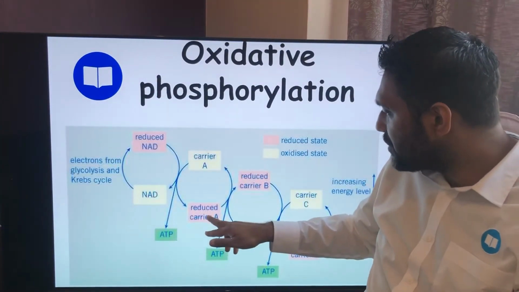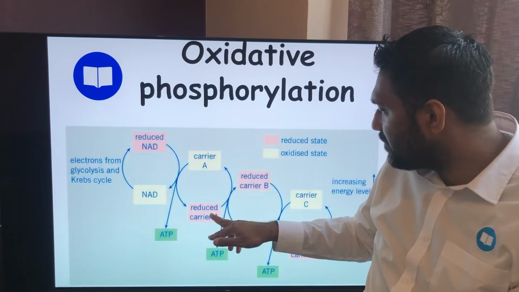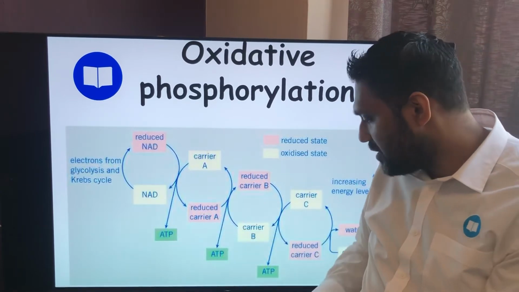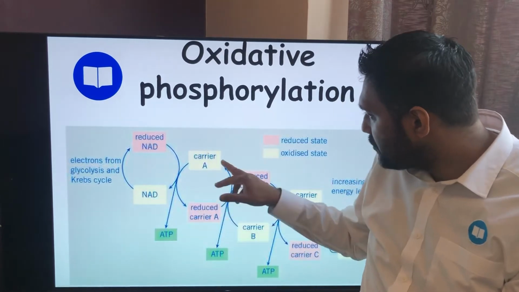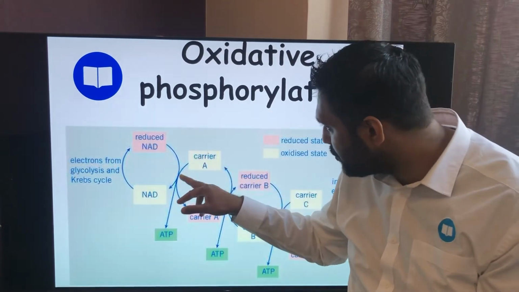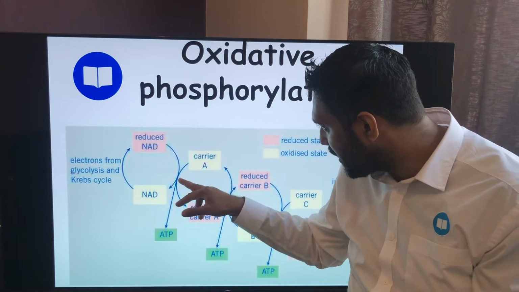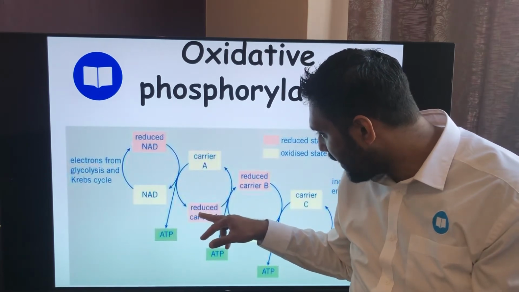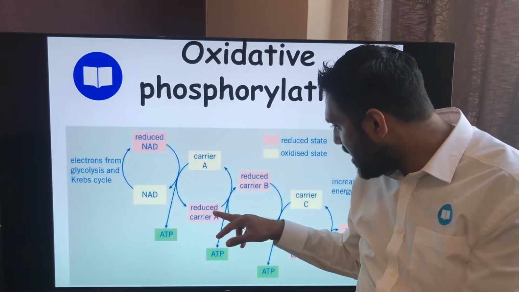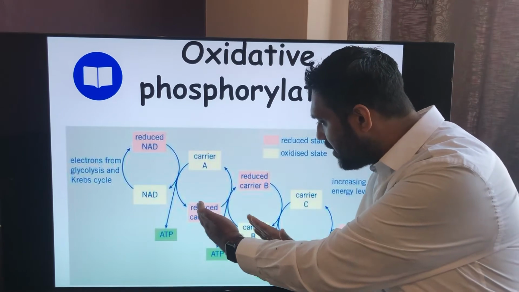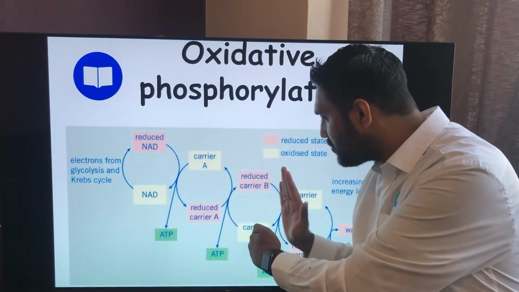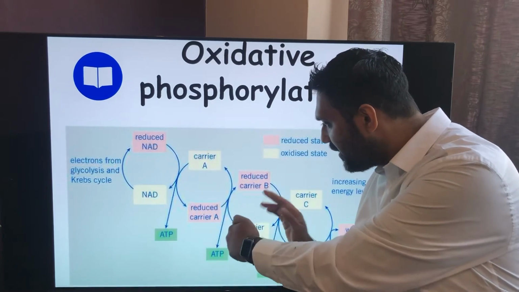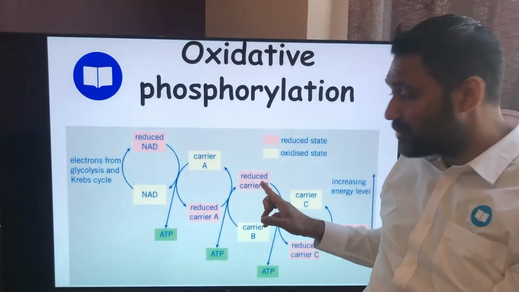So that reduced carrier A, if you notice, is going around this way. So that carrier there is becoming reduced when it touches the reduced NAD. So that's the reduced carrier A. That reduced carrier A will touch carrier B, and that electron is being transferred from that carrier onto that carrier, and that carrier B now becomes reduced.